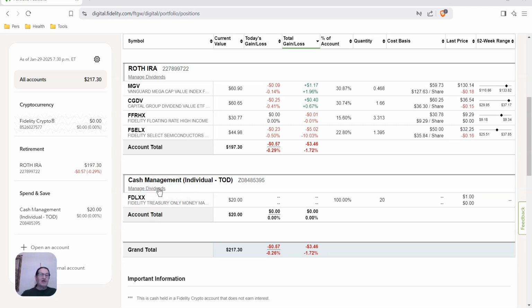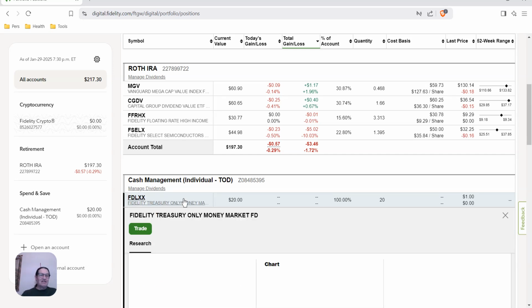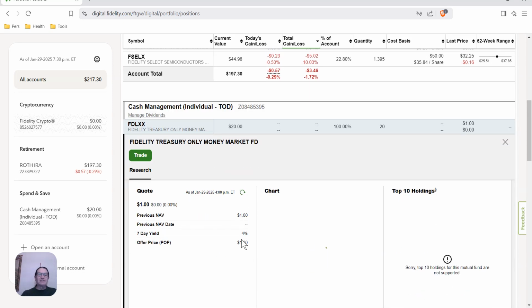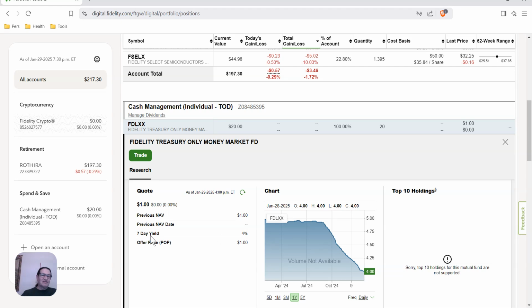This is done automatically. So at present, this FDLXX earns us 4%, calculated every 7 days. But this is not paid 4% every 7 days. Obviously, that would be nice. It's the equivalent of a high yield savings account, so it is competitive with existing high yield savings accounts that are offered online by different banks.